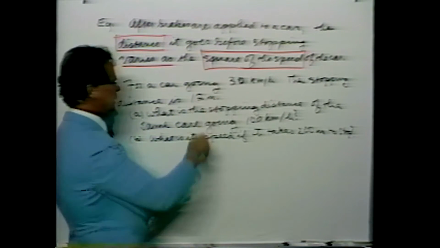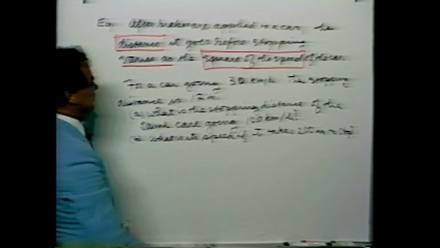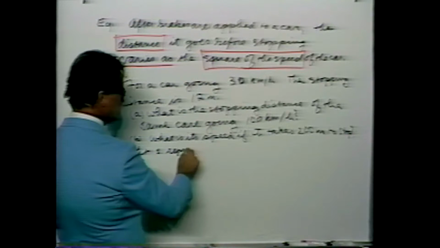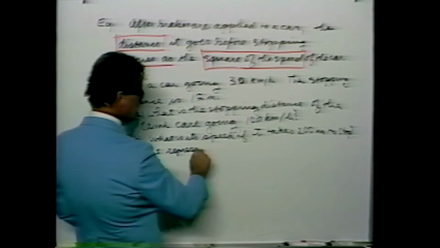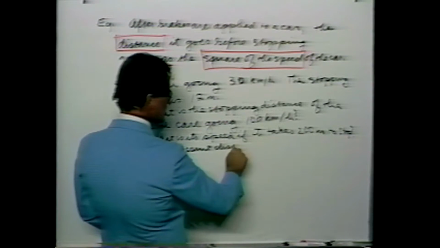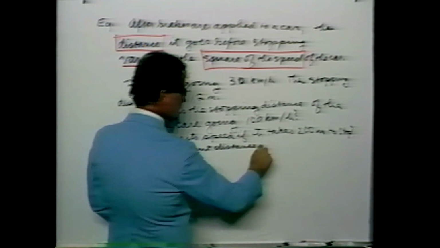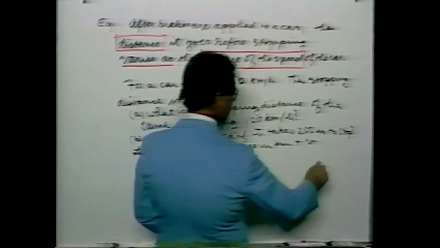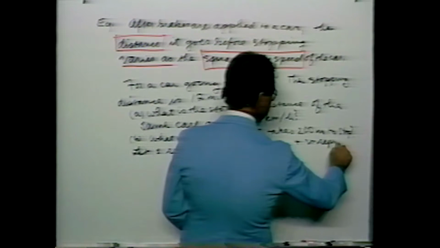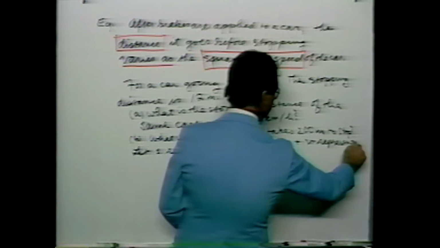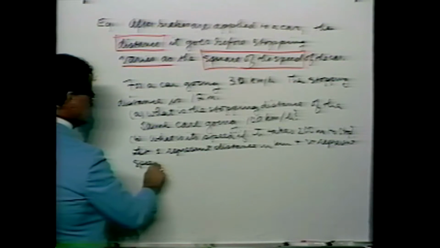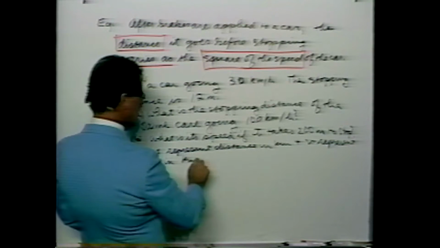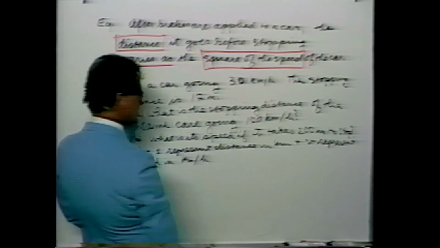Begin by writing the formula. Let S represent distance in meters and V represent speed in the unit of measure kilometers per hour.